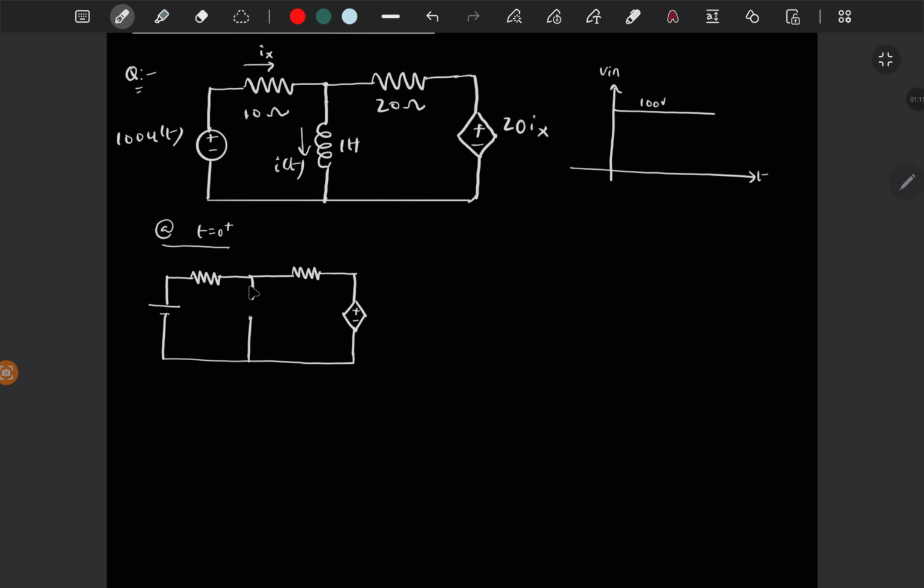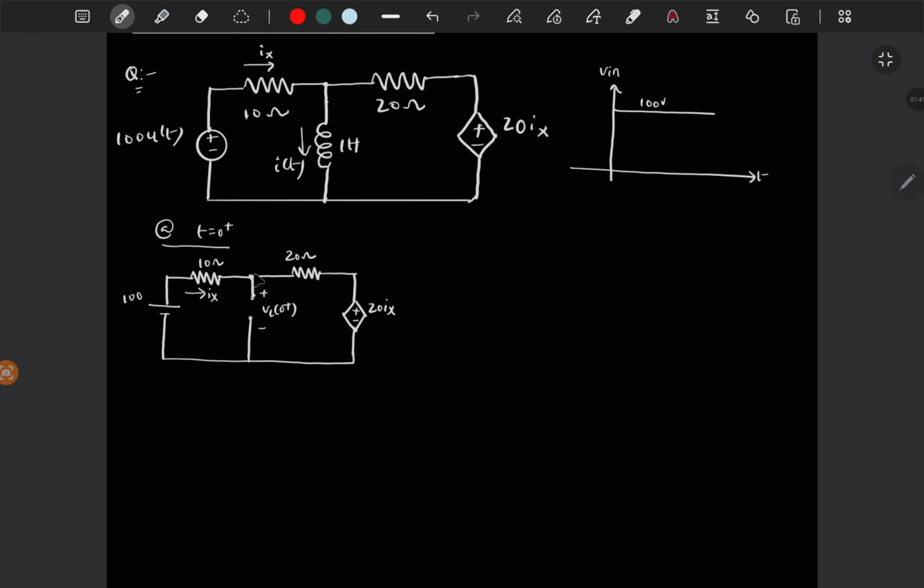This is how it looks like. The voltage across the inductor for t is equal to 0 plus is, this is 100 and 10 ohms, 20 ohms, 20 ix. So ix is this. So this is VL of 0 plus.